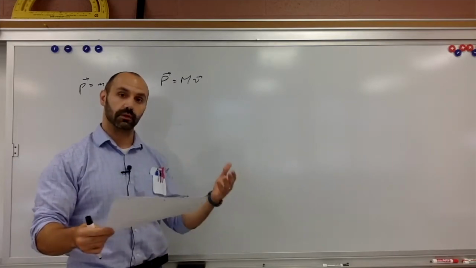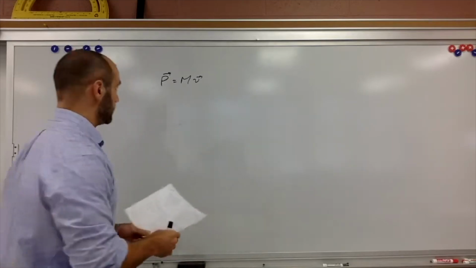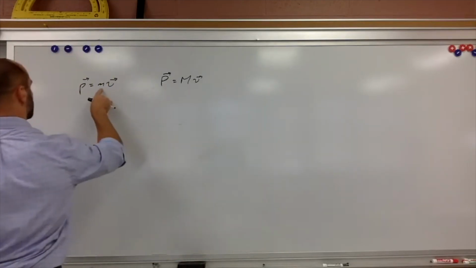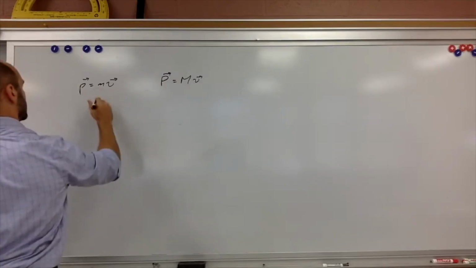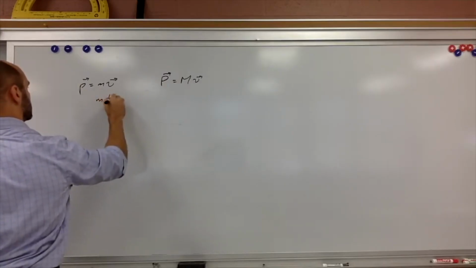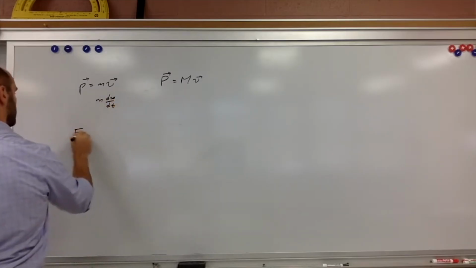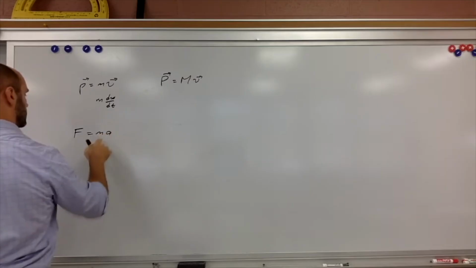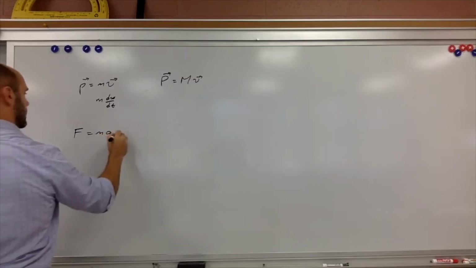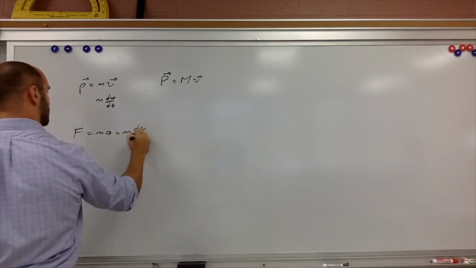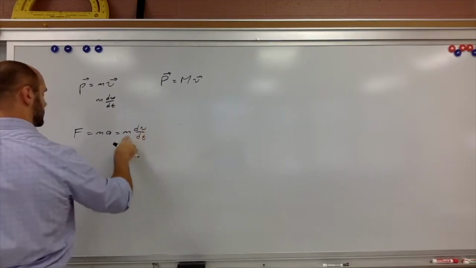We can also relate it to the net force, right? Let's think about it this way. What is mv? Let's look at force. F equals ma, right? And what is a? It's dv/dt. So F equals m dv/dt.